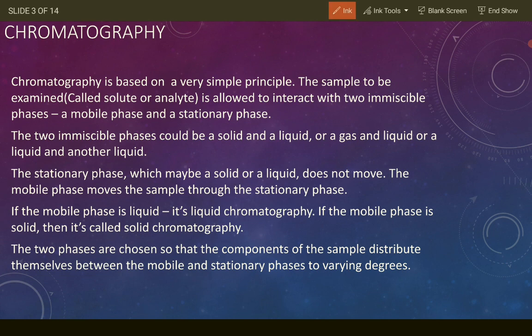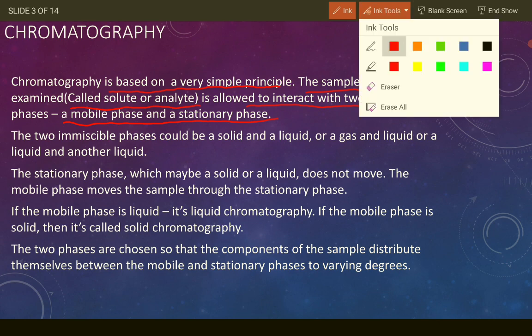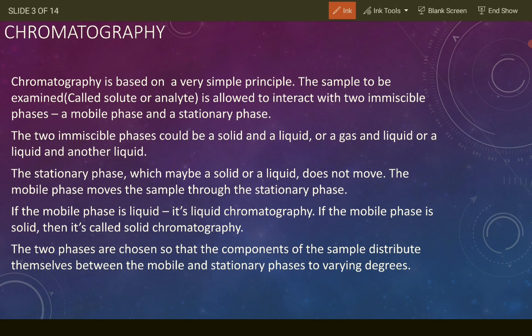Chromatography introduction, right? So chromatography is based on a very simple principle, which is that the sample to be examined, called solute or analyte, is allowed to interact with two immiscible phases, a mobile phase and a stationary phase, right? So for example we have a compound, for example chlorophyll.